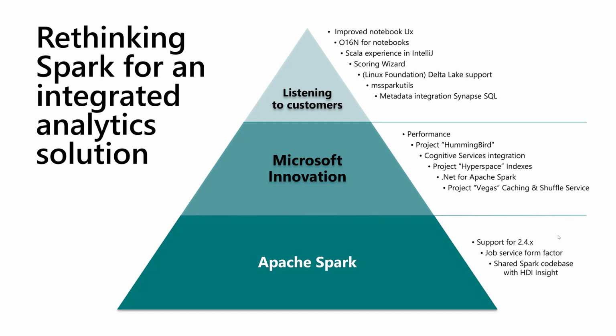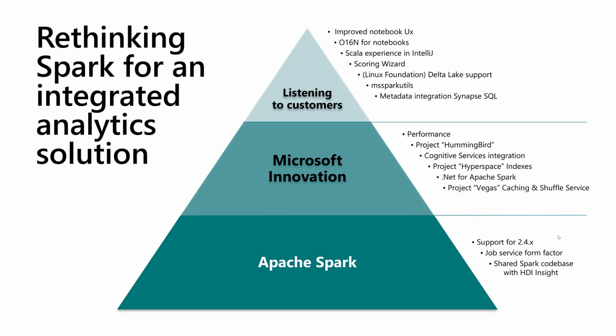As you can see, all of these aspects really had a positive impact on the performance that Spark in Synapse workspaces provides. In addition to that, we were listening carefully to customers during our preview, both private and public, and based on that improved multiple things. For example, the notebooks and the UX around notebooks, and the Scala experience is also pretty nice.